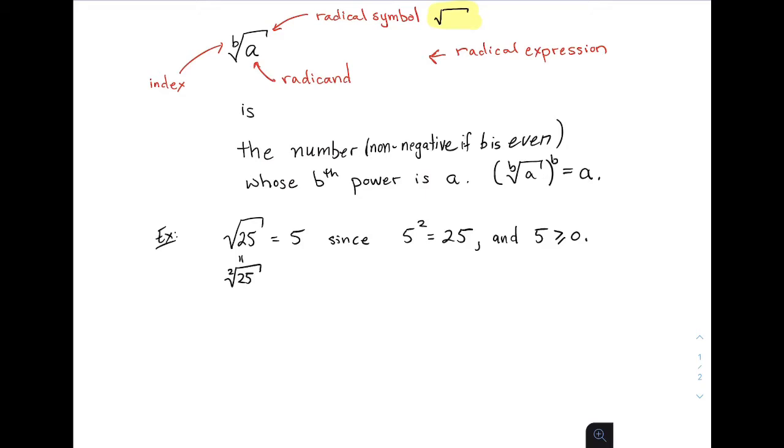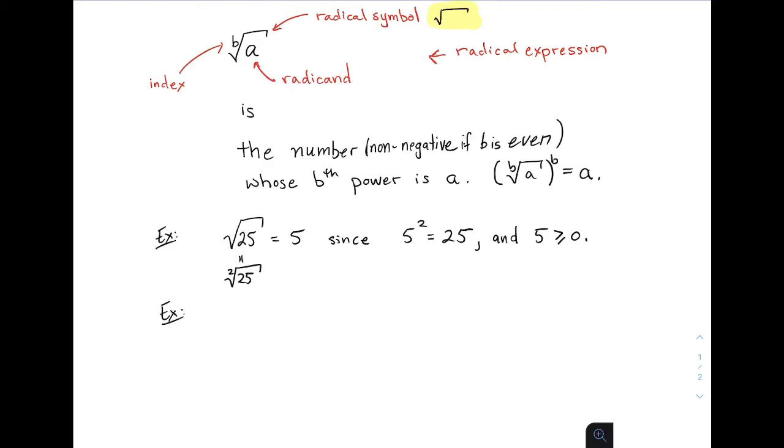So here's an example. The square root of 25, which is the same as when you have a 2 in the index position, is 5. So the square root of 25 is 5, since 5 squared is 25 and 5 is greater than or equal to 0.